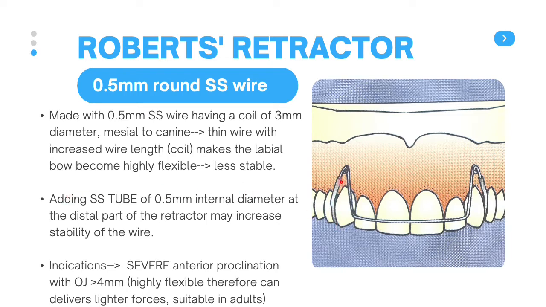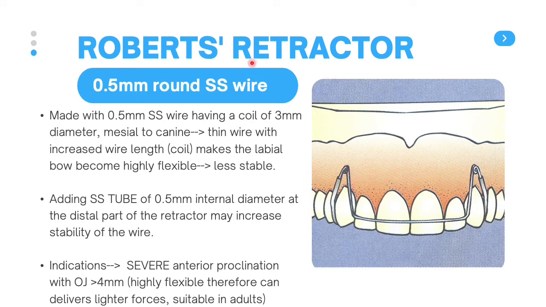Adding a stainless steel tube of 0.5 mm internal diameter at the distal arm of the retractor may increase the stability of the wire. The indication is for severe anterior proclination with overjet more than 4 mm. Robert's retractor is highly flexible, therefore it can deliver lighter force suitable in adults.